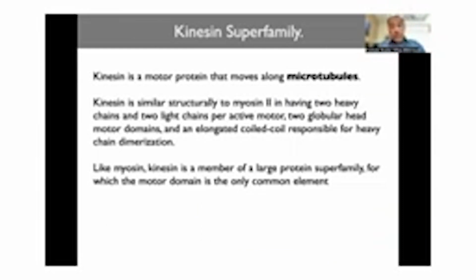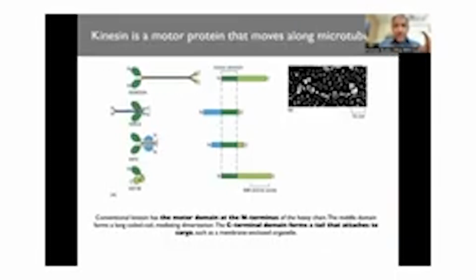With microtubules, interestingly, we have two very distinct classes of motor proteins. We have one motor protein that walks to one end and the other motor protein that walks to the other end. Like myosins, kinesins are similar in the sense that they have a globular head and they have a tail. So this idea of the structure of motor proteins, irrespective of whether they are working on actin or on microtubules, seems to be fairly conserved.